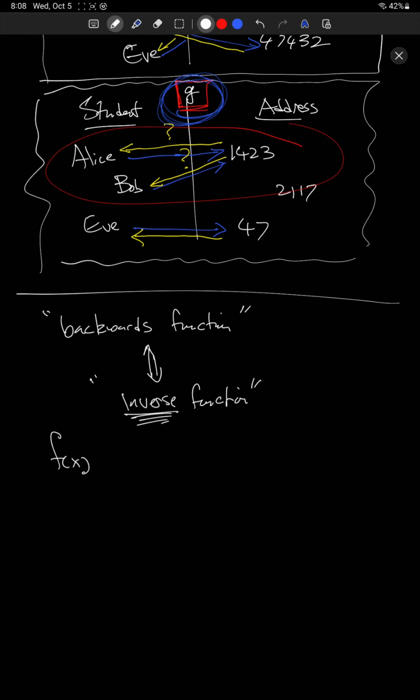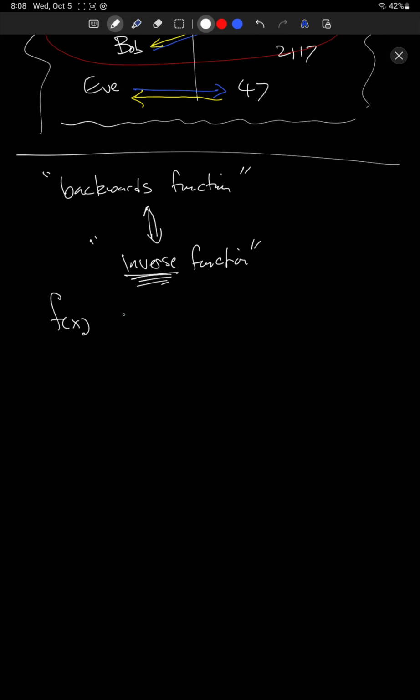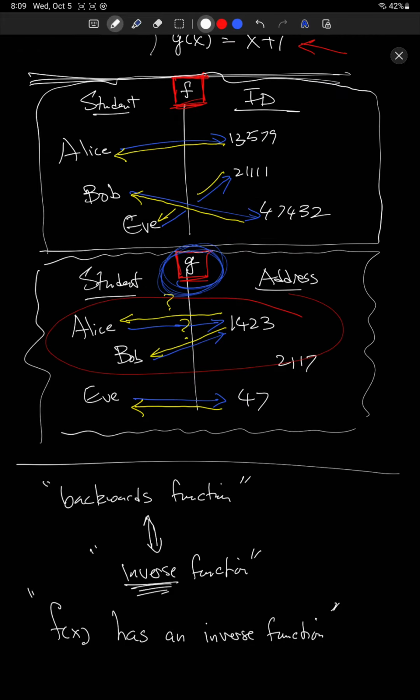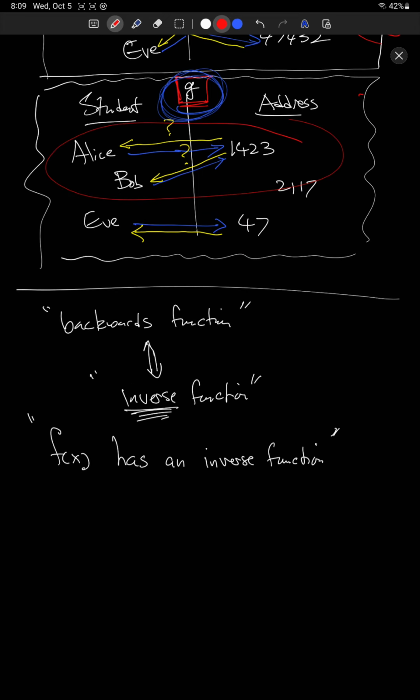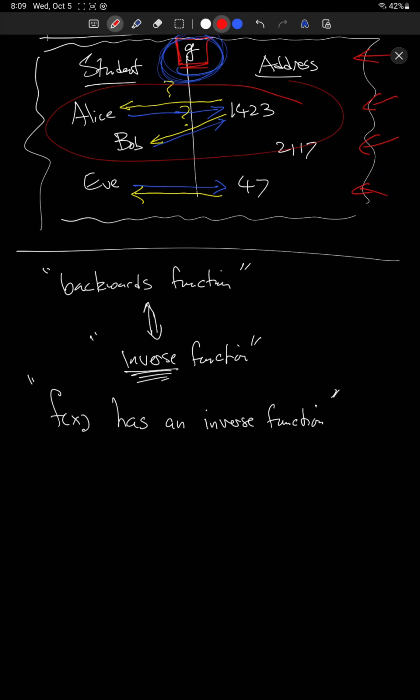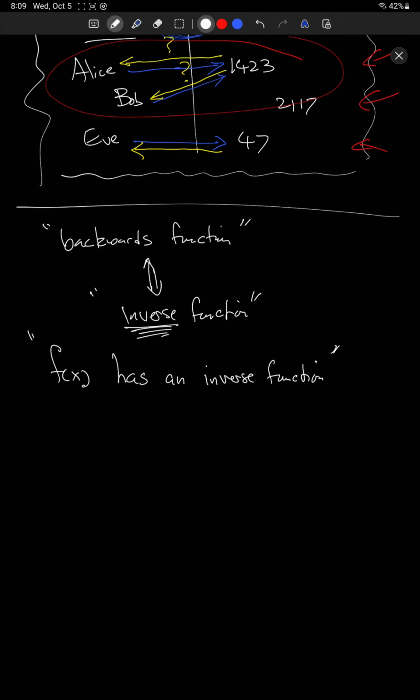The words we say perhaps is f of x has an inverse function. So if we're in the first case up here, then we would say f of x has an inverse function. In the second case, we would say g of x does not have an inverse function. And again, we'll deal with that next week. Alternatively, you could say the words f of x is invertible.